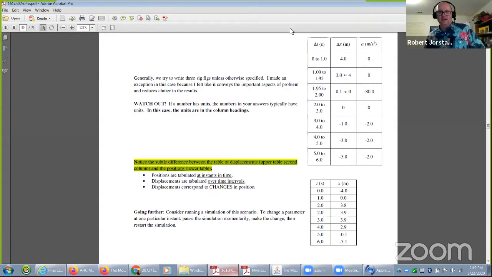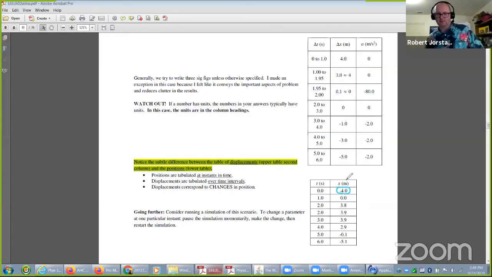Okay, and so now, just to be clear, take a look at this number here. This was the initial position from the problem. Between 0 and 1 seconds, the change is 4. It changed by +4. Between 1 and 1.95, the change is almost 4. It's 3.8.